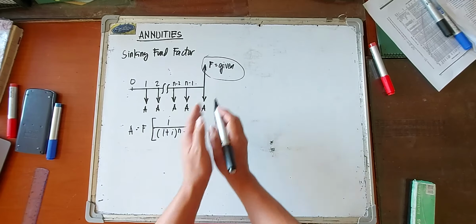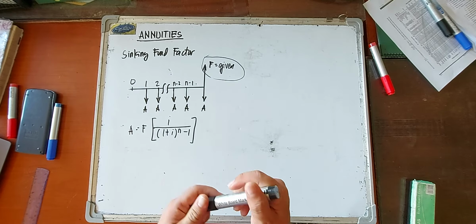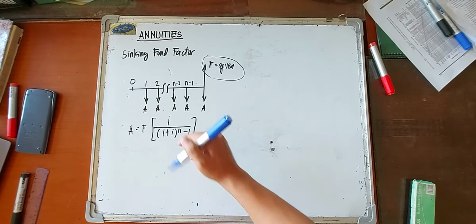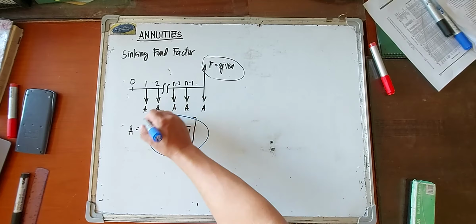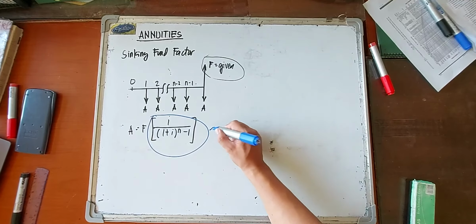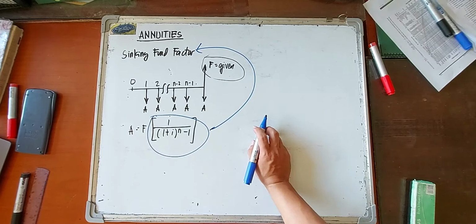Okay? Ayan. So we call this the term in the bracket. Ito yung naka-bracket, naka-enclose sa bracket. We call this the sinking fund factor. Okay, sinking fund factor ang tawag natin dyan.